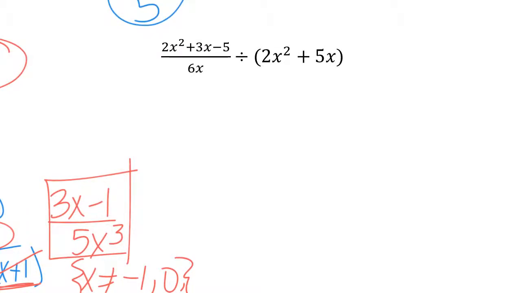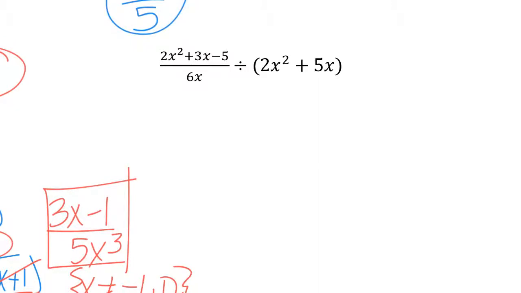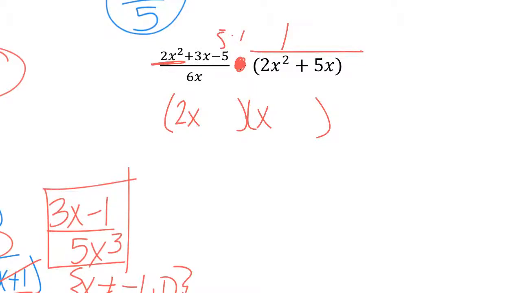Okay, you've done it. Let's see if you did it right. How do I factor 2x squared? This is going to become 1 over 2x squared plus 5x, and that's going to become times. And so let's see, 2x and x is the only way to get your 2x squared. 5 times 1 is the only way to get your 5.